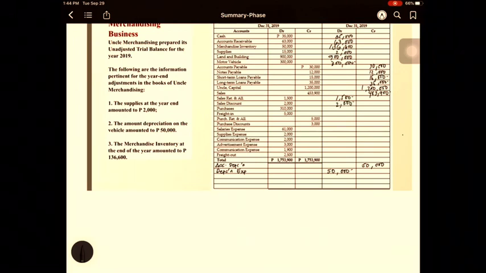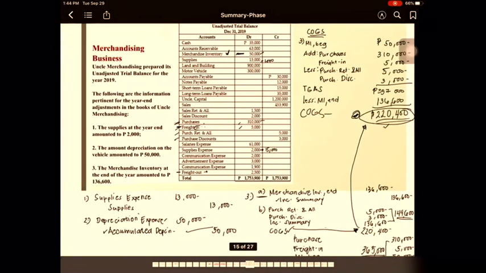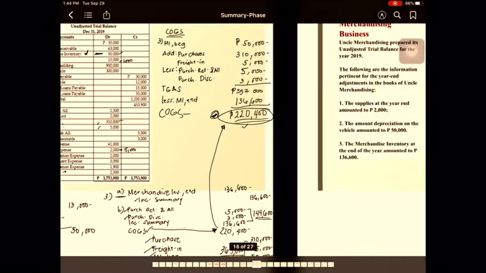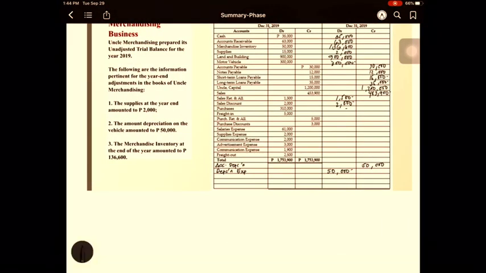Your purchases are now zero, because if we take a look at our adjustment, your temporary accounts, purchases, freight in, merchandise inventory beginning, purchase discount, and purchase returns and allowances are all closed already. So in your adjusted trial balance, the amount of purchases is zero, your freight in is zero already, your purchase returns and allowances is zero already, your purchase discount is also zero already.